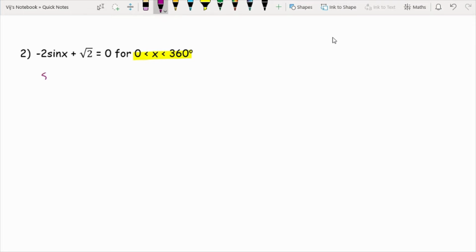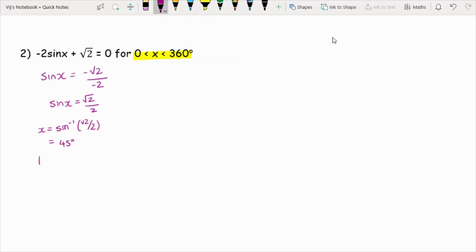To make sine x the subject, all I need to do is take all of this to the other side, which leaves me with sine x equals root 2 over 2. Therefore x is going to equal the inverse sine of root 2 over 2, which gives me 45.